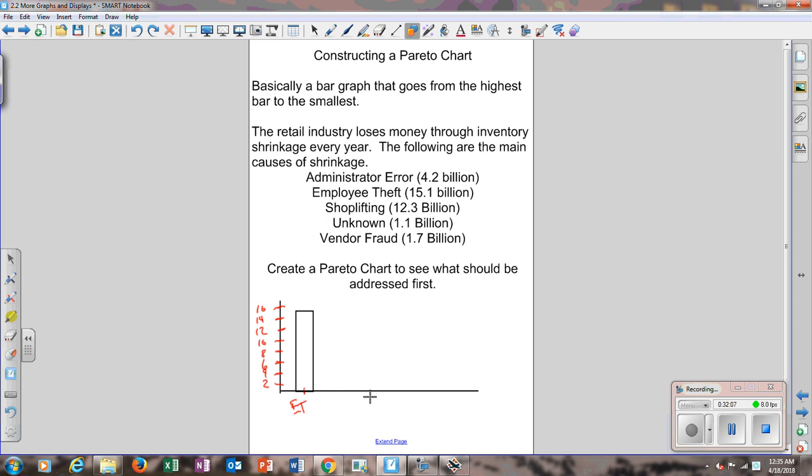Shoplifting is next, and it's 12.3. Go a little above 12. Then is administrator error, which is 4.2.